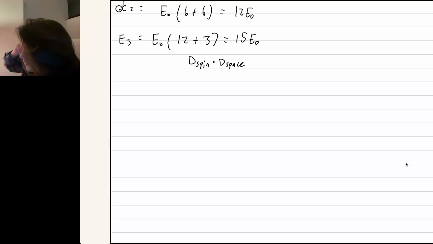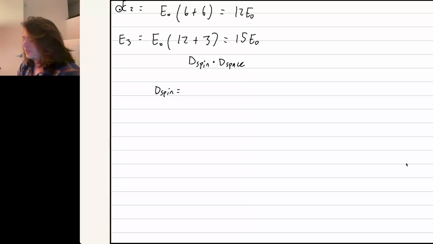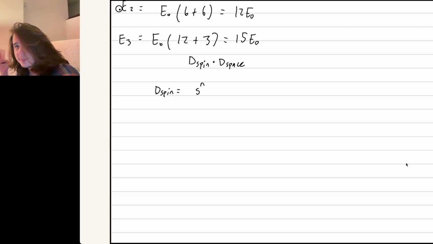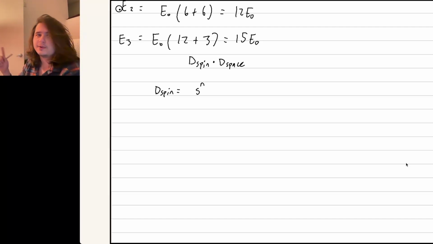The spin degeneracy is always going to be however many different possible states you can have for a given particle, which I'm going to label S, to the power of however many particles you have. Because we're dealing with spin 1/2 particles, which can be either up or down, so 2 different states, and we're dealing with 3 particles, the spin degeneracy is 2 cubed for each of these cases.